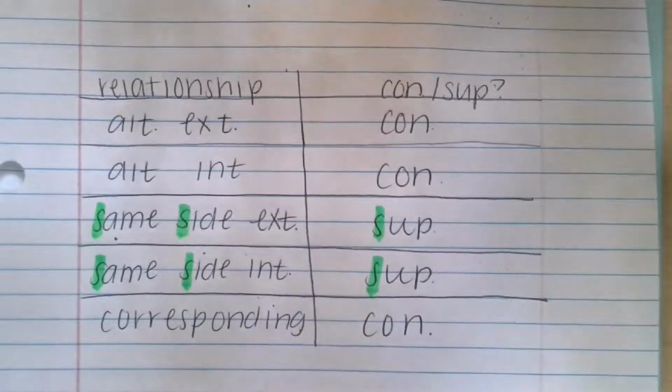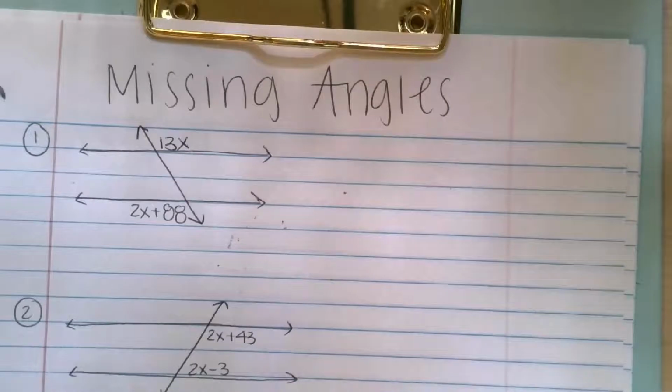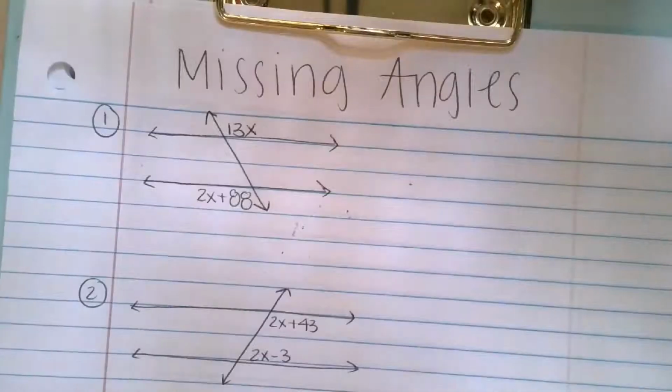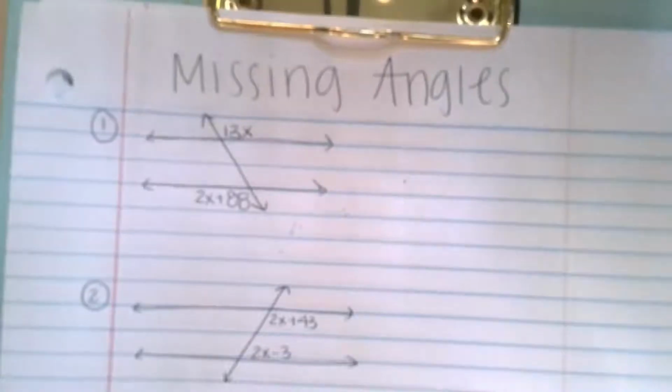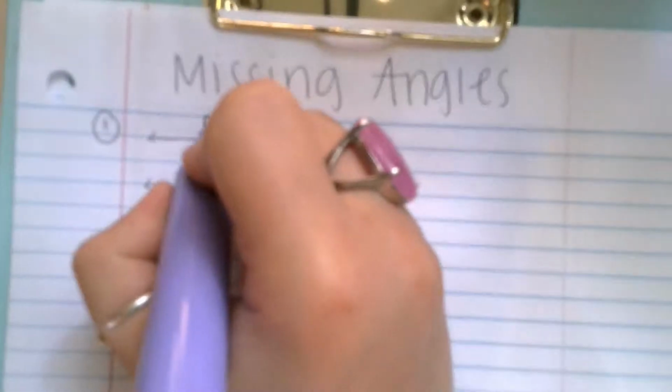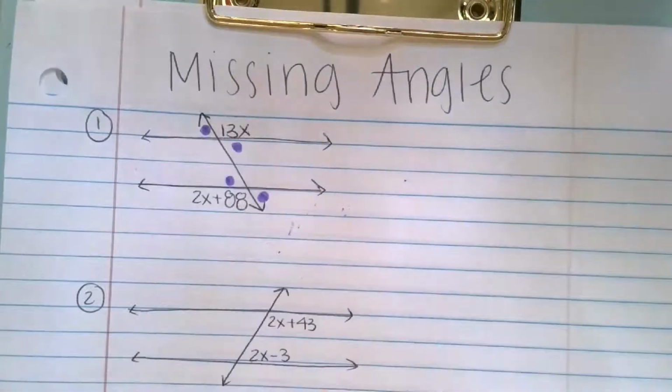Okay? So, now we're going to take all of our vocab and apply it to find missing angles. So the first step in our missing angles, y'all know I love my color coding, so I'm going to color code and just zigzag across the transversal. So I'll start here, and we just bounce back and forth across the transversal.